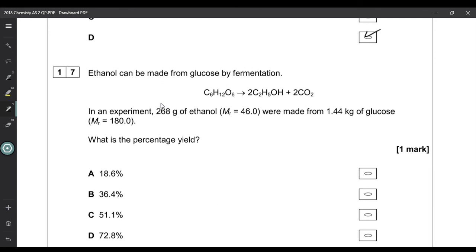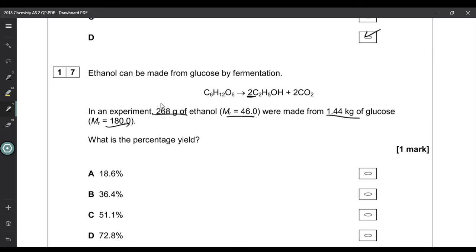Ethanol can be made from glucose by fermentation, and we're given the formula there, but again note that we've got a 2 there. In the experiment, 268 grams of ethanol were made from 0.44 kilograms of glucose, and we're given the molecular weight of each. What's the percentage yield? So what we need to do is find out how many moles there are of each.